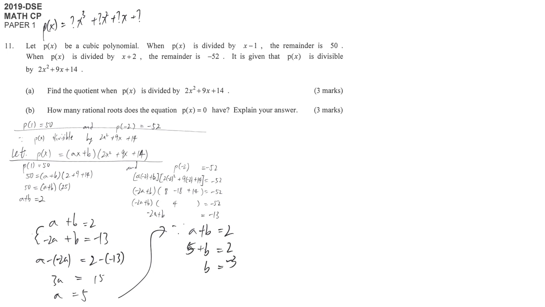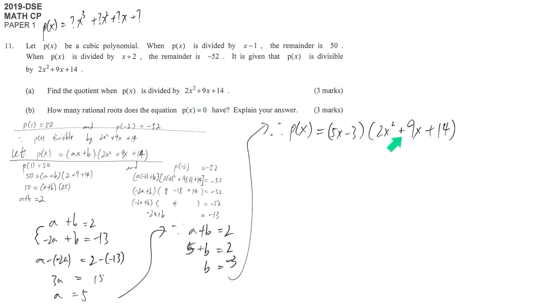After this calculation, we know that P(x) is no longer ax plus b, but we already know it's 5x minus 3. When P(x) is divided by the factor 2x squared plus 9x plus 14, the quotient is 5x minus 3.